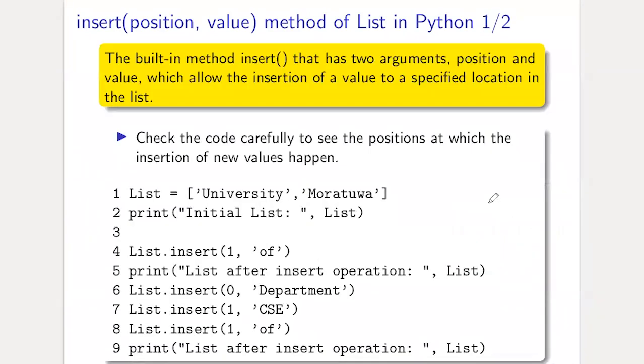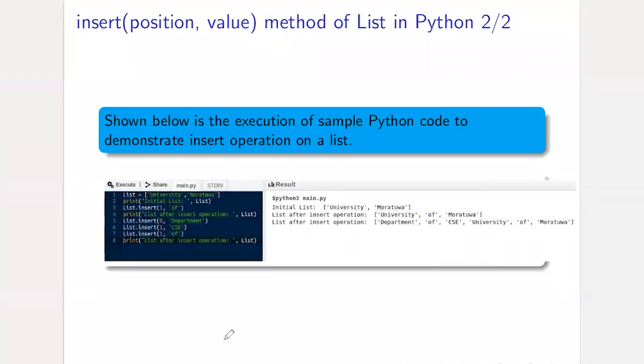And thereafter, I have these insertions of inserting at 0, 1, and 1, like that. Let's look at what happens. When I say insert 0, it gets inserted at the 0th address, at the 0th element. So that becomes the first value in the list. And then I keep on adding other terms, for example, CSC.